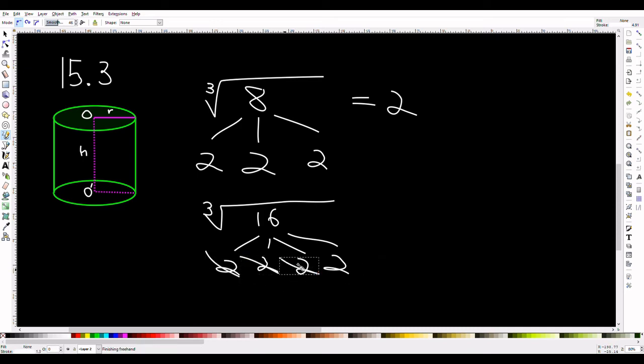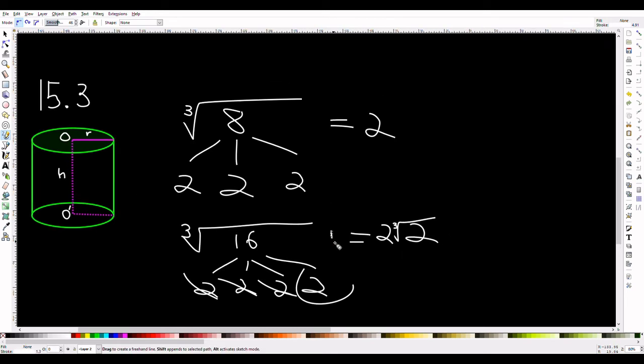I have my 3 of a kind, but one of my 2's has to remain. And so I will wind up with 2 cube root of 2. And that's how cube roots work. As we've discussed before, you need a buddy to break out of jail. You need a pair to get out of a square root. For a cube root, you need 3 of a kind to get out.